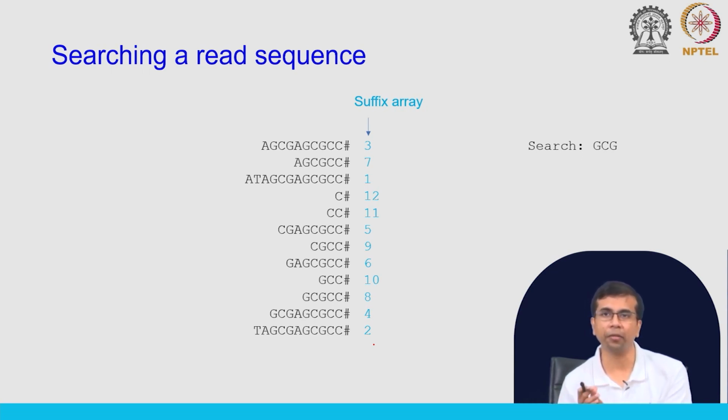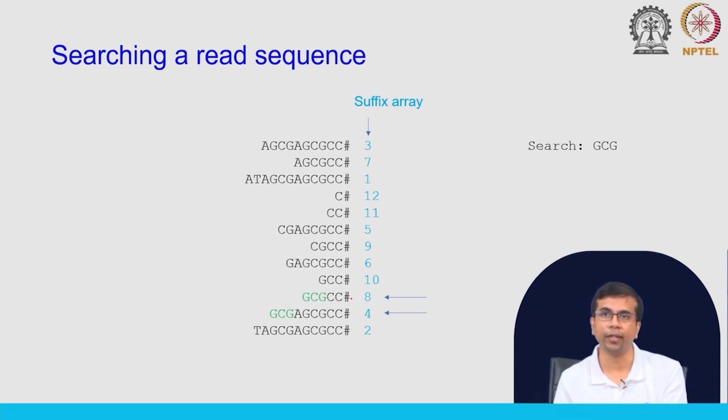We are not going into the details of those search algorithms, but it will be enough to know that because of the lexicographical sorting that we have done, we can use a very efficient search process like binary search, which allows us to find these reads very quickly. So, we look for this and we find these are the suffixes that start with GCG.